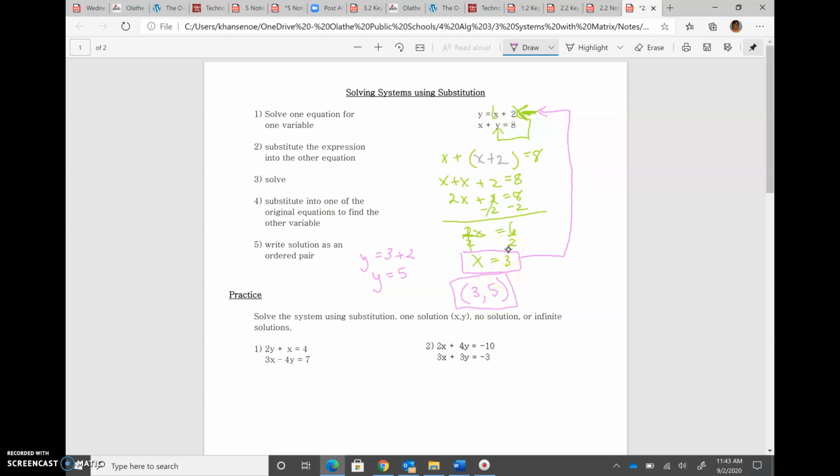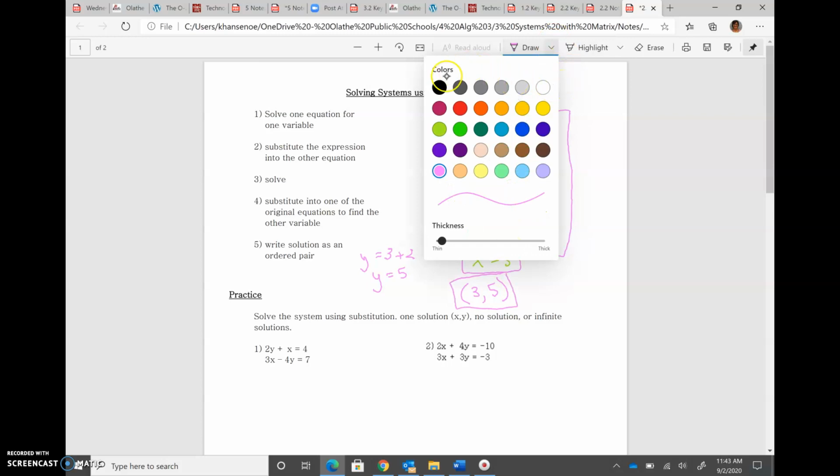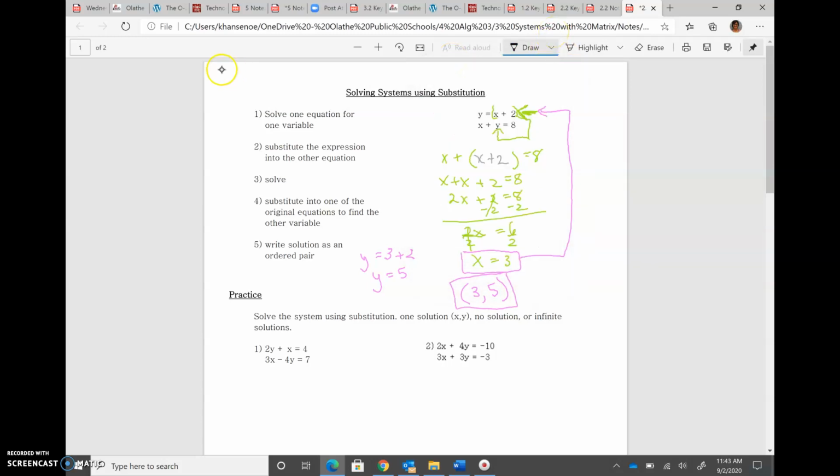All right, so I want to remind you before we go any further, remember how you can have 3 answers? The first one is I can have a point, x, y. The second one, I can have no solution.